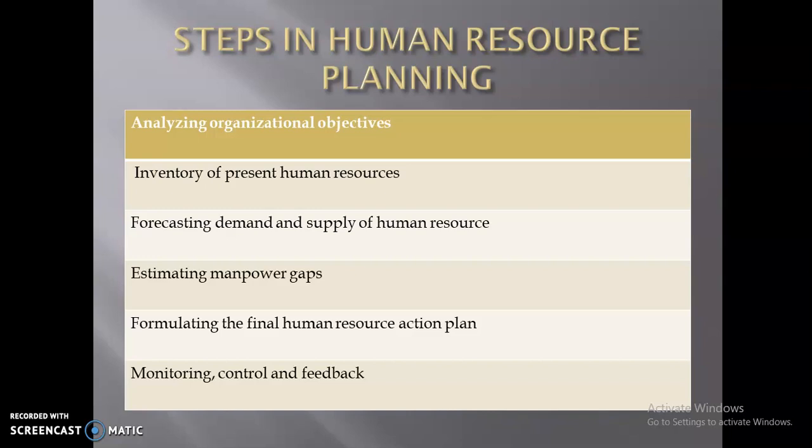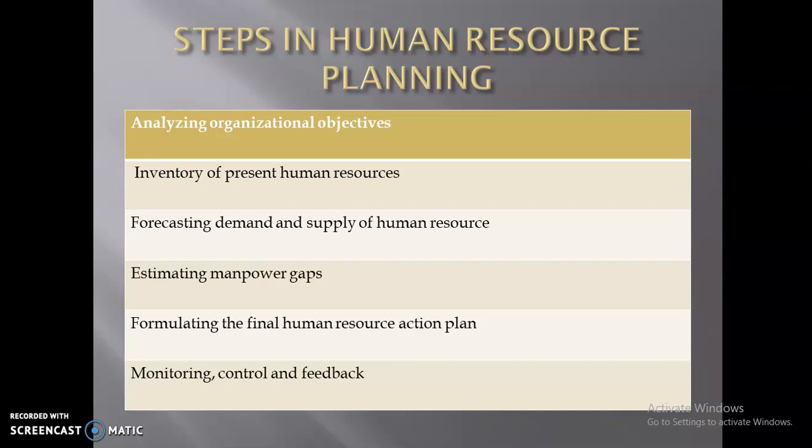So to fill the various job requirements, the internal sources, that is employees from within the organization, and external sources, how many employees I need from outside, can be estimated. Clear?